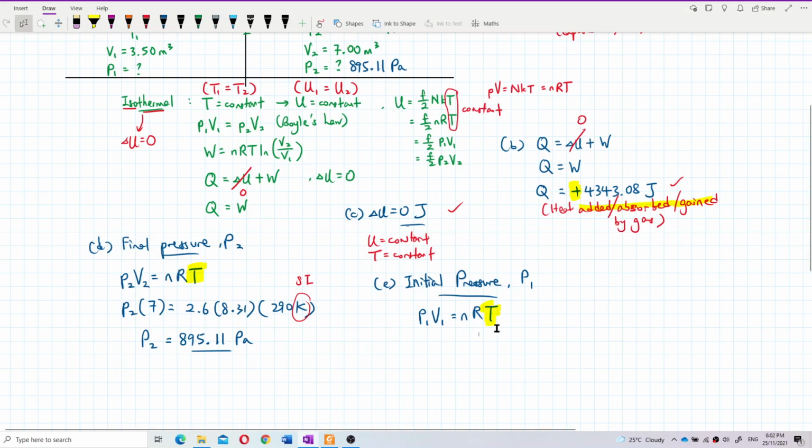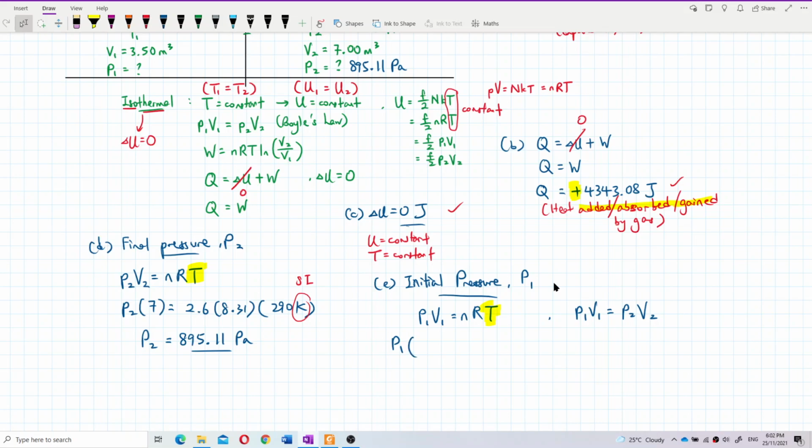Or you can also use another formula like Boyle's law, P1 V1 equals P2 V2. Let's find out P1.